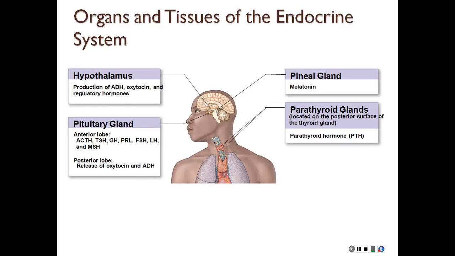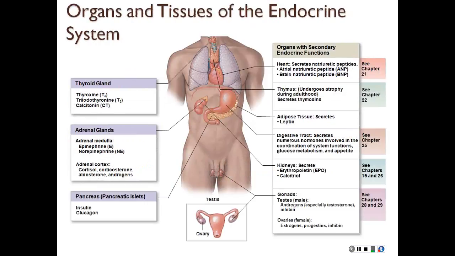Very good. So the posterior pituitary gland is responsible for secreting those hormones when they're needed. But keep in mind that they're made by the what? Hypothalamus. So the hypothalamus makes ADH and oxytocin, and then they're sent to the posterior pituitary to be stored until they're needed to be released. Okay? And then there are also regulatory hormones that come from the hypothalamus. And I'll show you those in a moment.